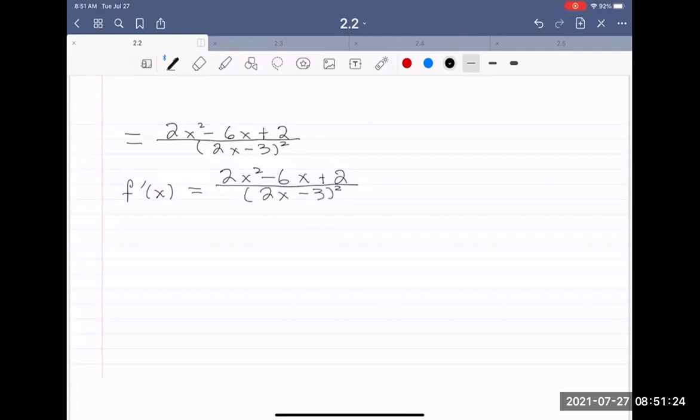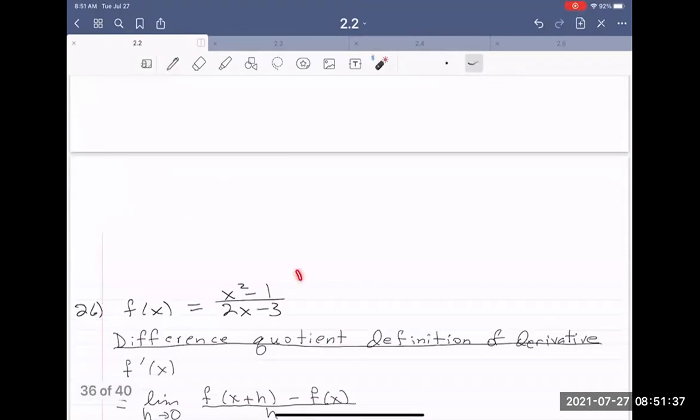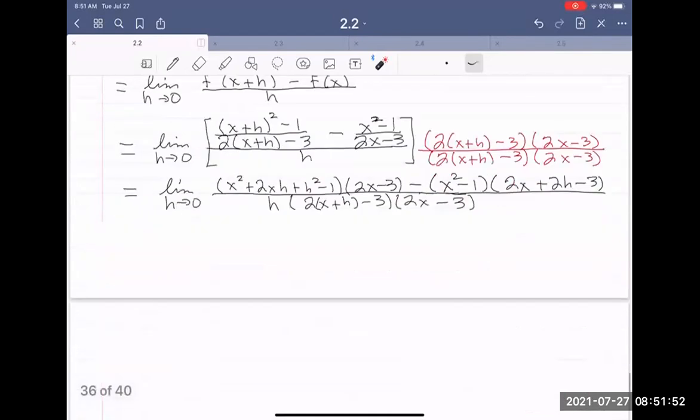So the domain of f, well, it's a rational function, so the only bad thing is when you divide by 0, when 2x minus 3 is 0, when x is 3/2. So it's everything except when x is 3/2.